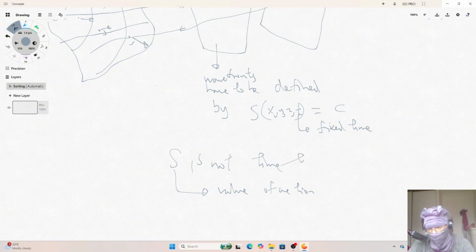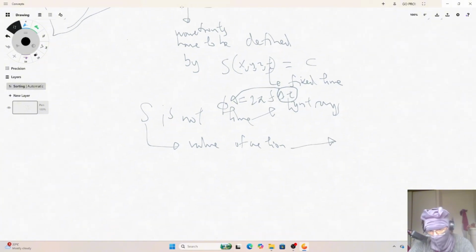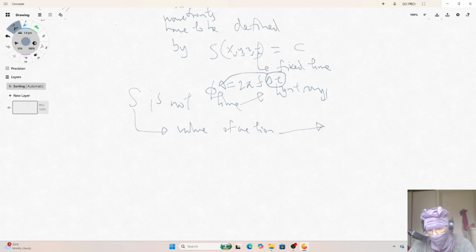This was for light rays. The phi was defined as something that was equal to 2 pi f delta t. So we were concerned with time as defining the phi that determined the wavefronts. But now we want the wavefronts to be determined by an analog to time for light rays, which is the action.